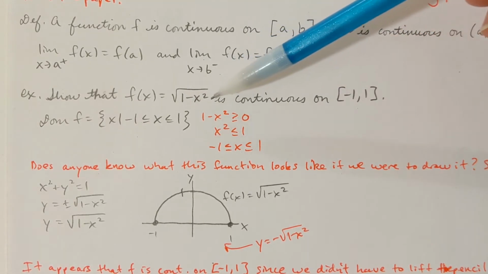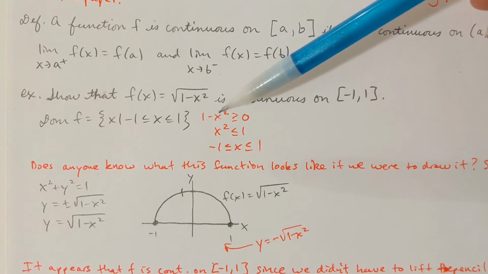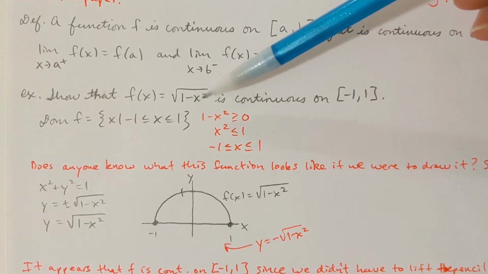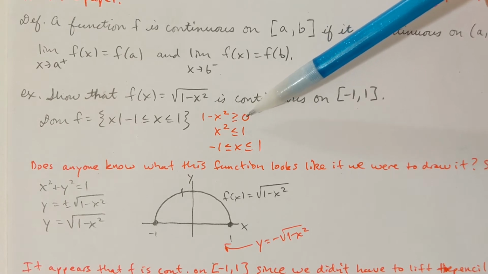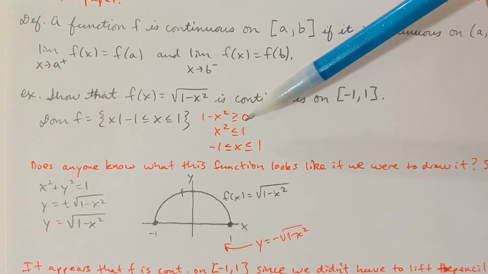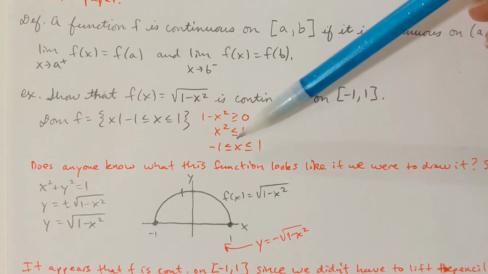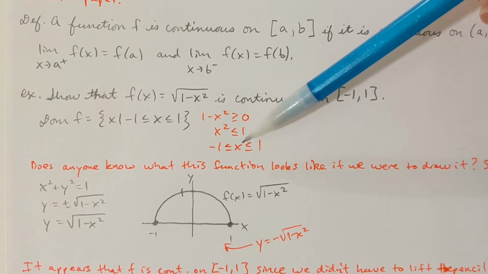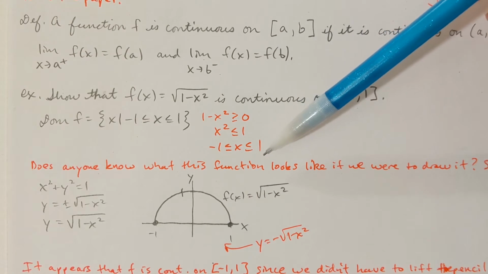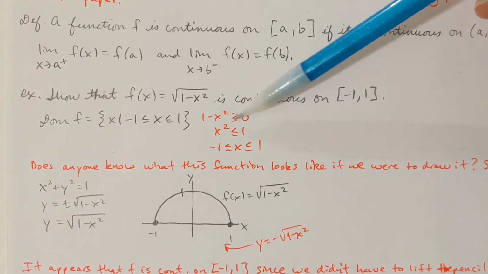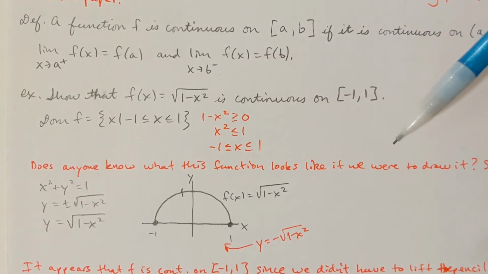I don't want the square root of a negative, because that would not be a real number. So I'd set 1 minus x squared greater than or equal to 0, and then solve this inequality for x. x being between -1 and 1, including the endpoints, would be the solution to this inequality, and that would be the domain of the function.